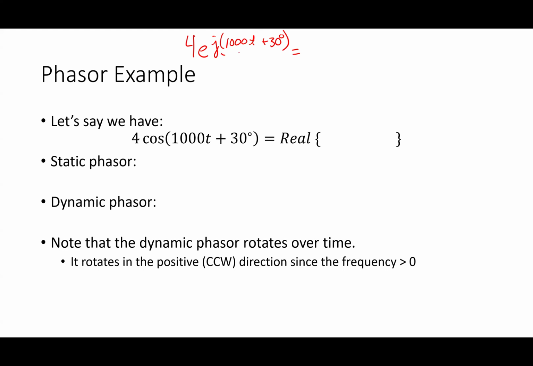I just think of this as theta here. If I do that, then I can write this as 4 cosine theta plus j times 4 sine theta. So what's that become?